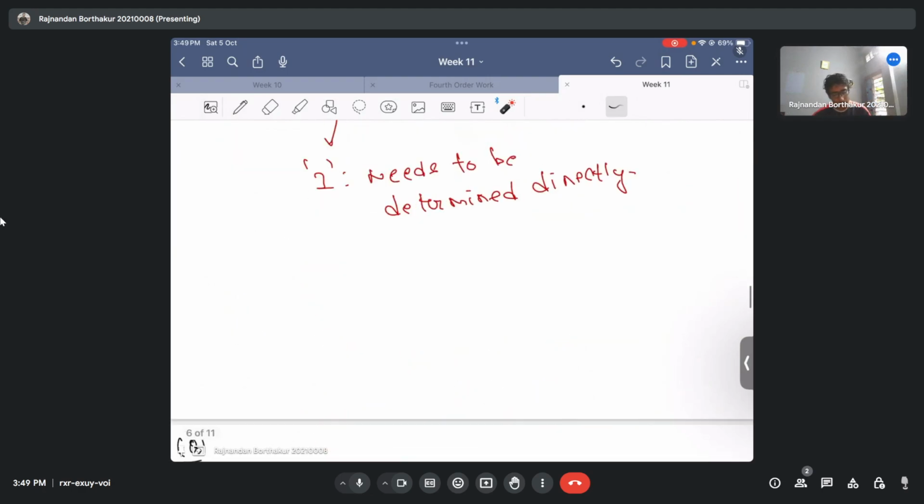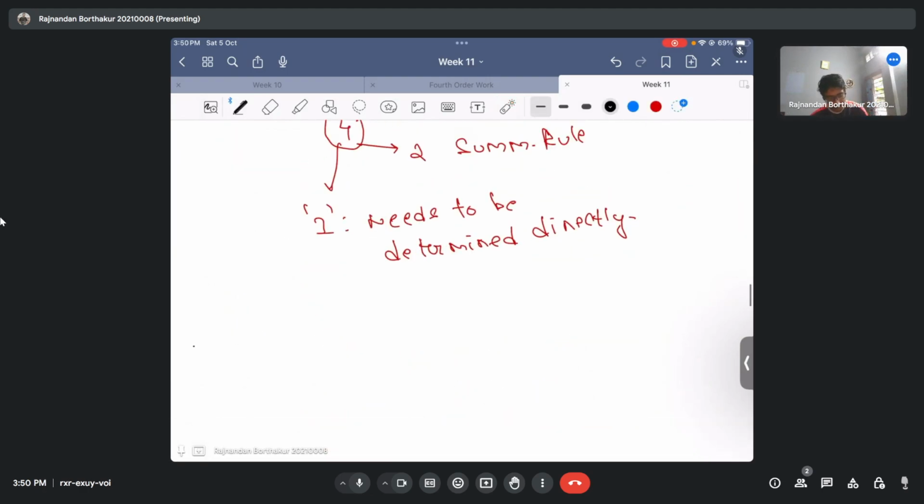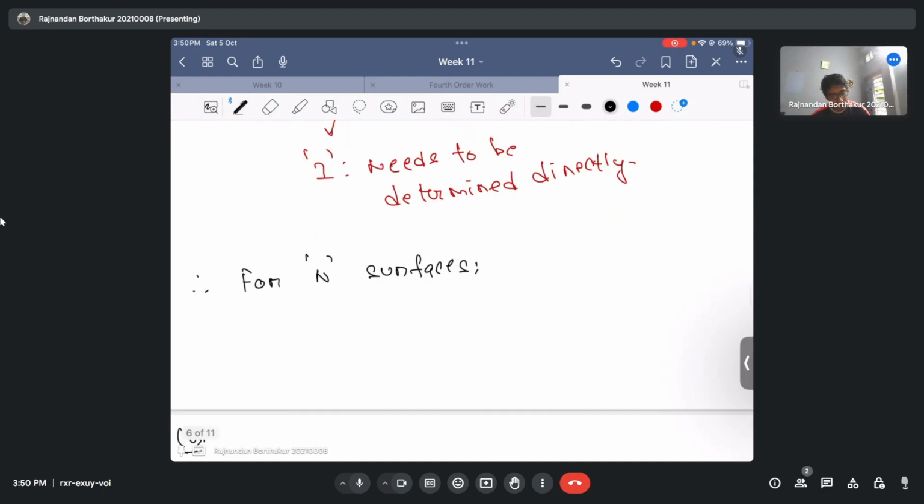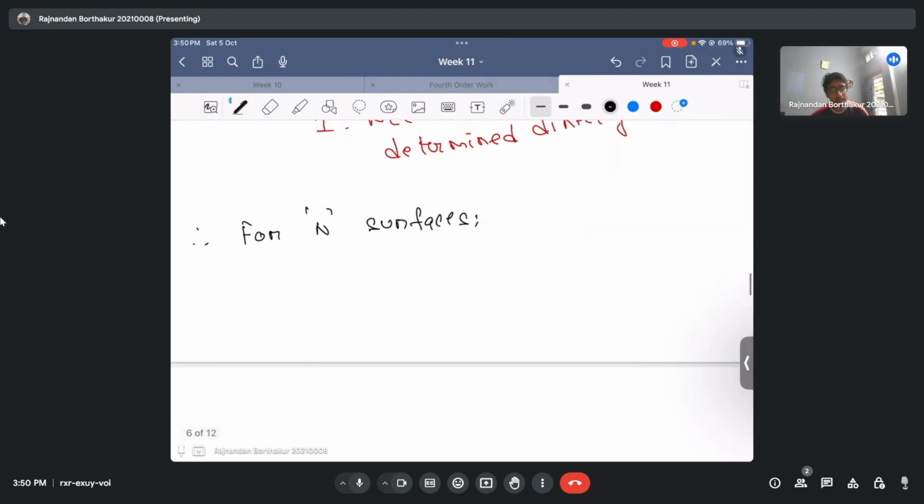So for n surfaces, if I subtract the known view factors coming from the reciprocity relation and the summation rule, that will basically be n square minus n, where this n comes from the summation rule, minus n into n minus 1 by 2.